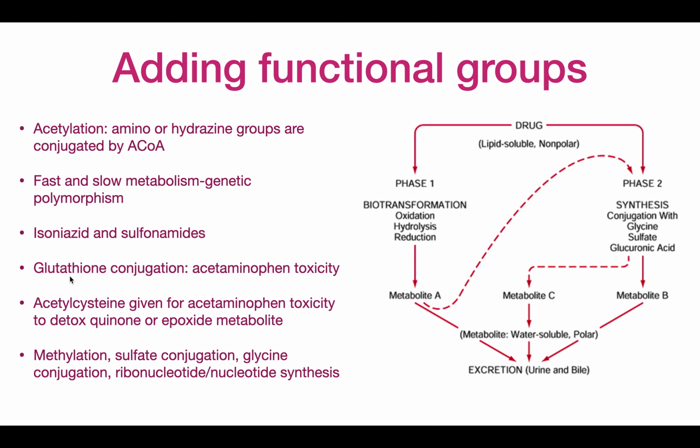People with problems with glutathione conjugation are prone to acetaminophen toxicity, and acetylcysteine is given for the toxicity to detoxify the quinone or epoxide metabolites formed. Other functional groups could be methyl, sulfate, or glycine.